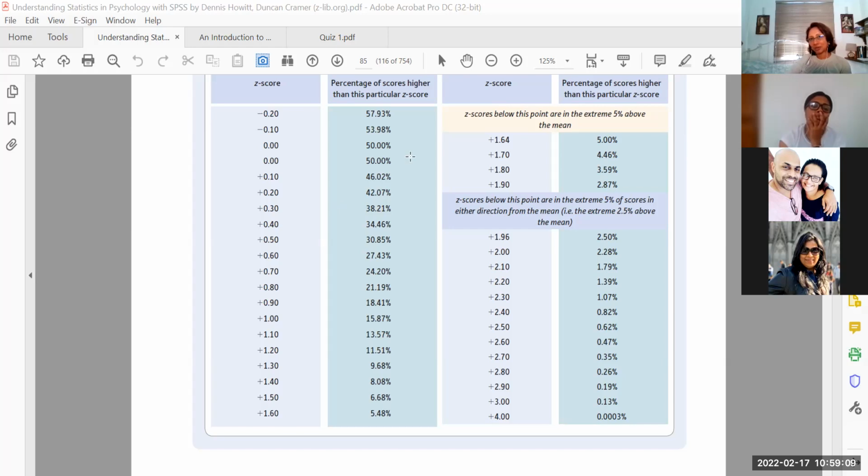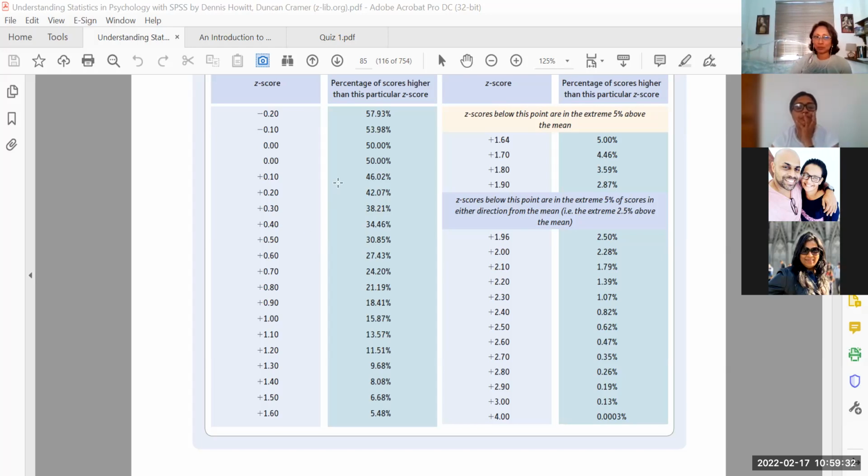Can you see now how this is working? You see the scores in this column, the scores higher than the particular one. These are tables that you usually get in statistics textbooks. So if you don't have SPSS to calculate for you, you can easily see what percentage is higher than this.